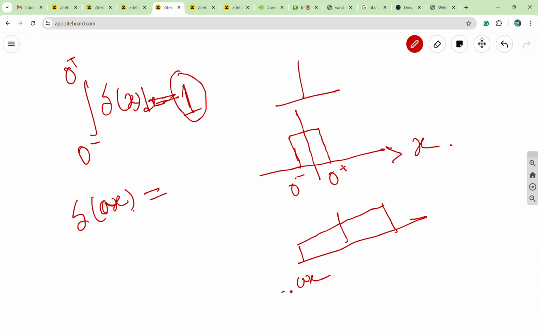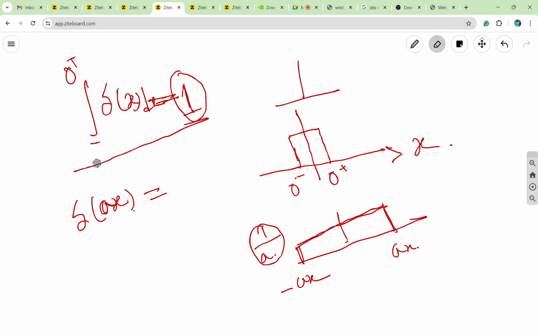By the factor a, the height should also decrease, so that the area remains constant under this delta pulse. I should not write it as minus infinite to infinite, because in that case it's actually 0 minus to 0 plus.